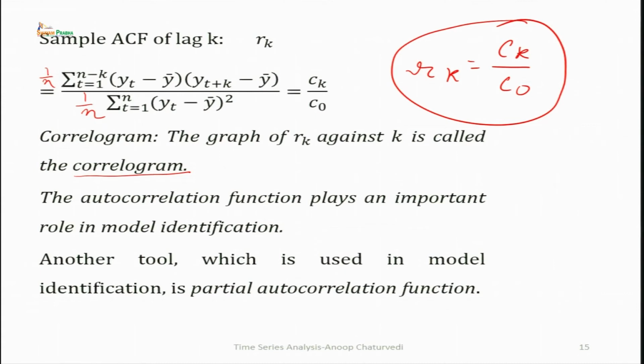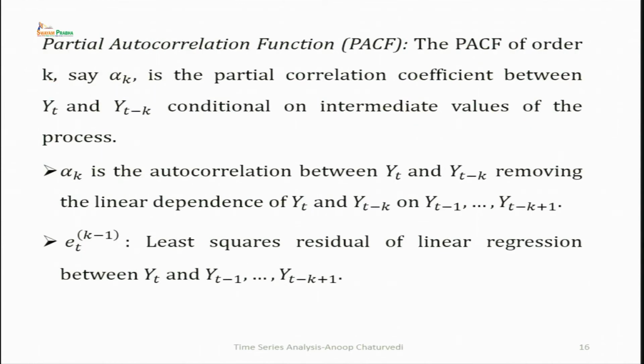Another tool which is very frequently used for model identification purpose is the partial autocorrelation function. The partial autocorrelation function of order k, say alpha k, is the partial correlation coefficient between yt and yt minus k, conditional on the intermediate values of the process.